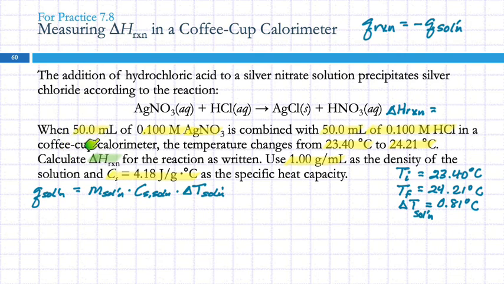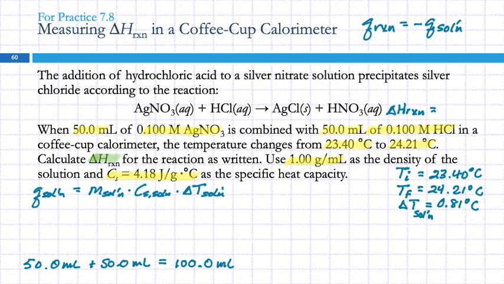If I mix 50 milliliters of this and 50 milliliters of that, what's the volume of the solution? 50 plus 50 is 100, right? Just going to scribble that out down here. So 50 milliliters plus 50 milliliters gives me a volume of 100 milliliters.